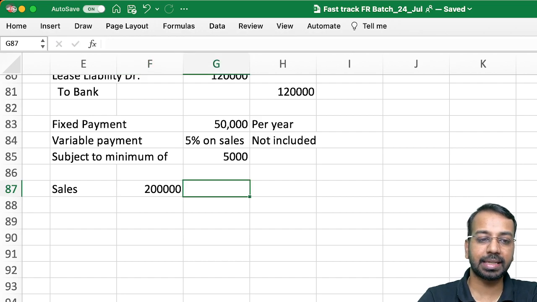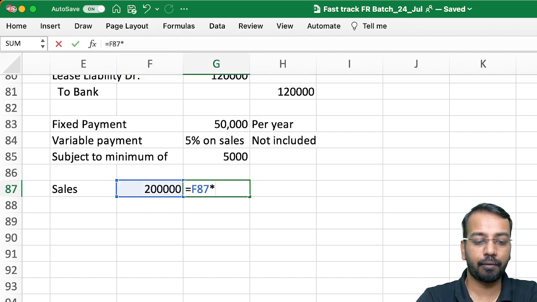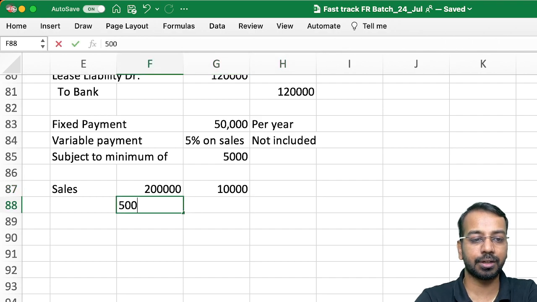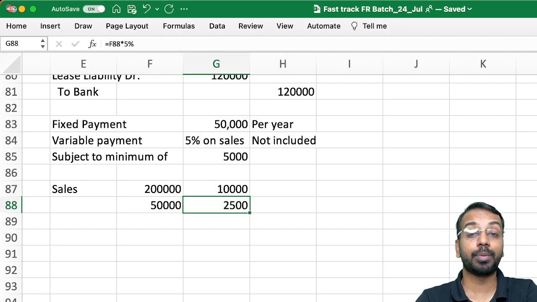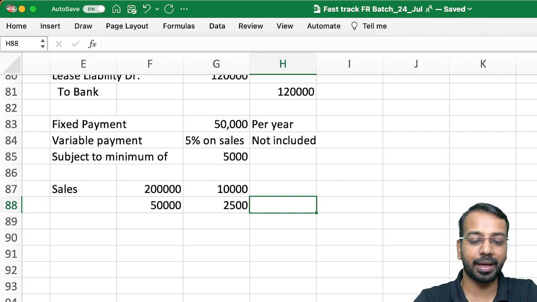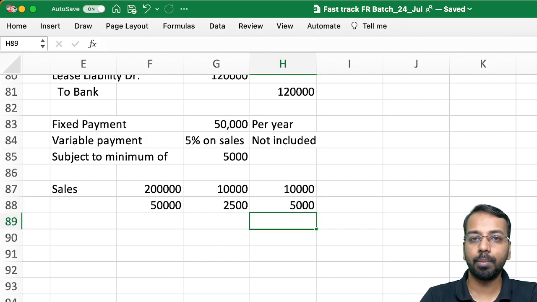If sales are 2 lakhs, I need to pay 2 lakhs into 5%, 10,000. If the sales are 50,000, I need to pay 2,500, but the clause says minimum 5,000 you need to pay. So I'll pay 5,000 here, I will pay 10,000 here. So the commitment from the lessee is that at minimum they will pay 5,000 of lease payment as variable payment.